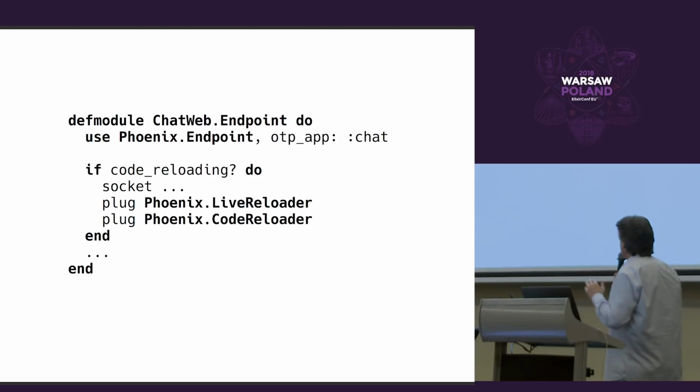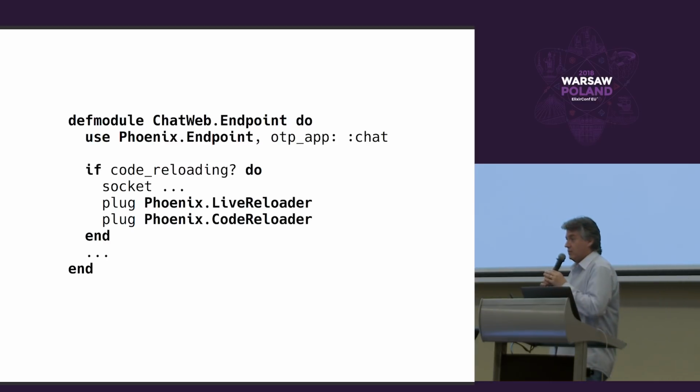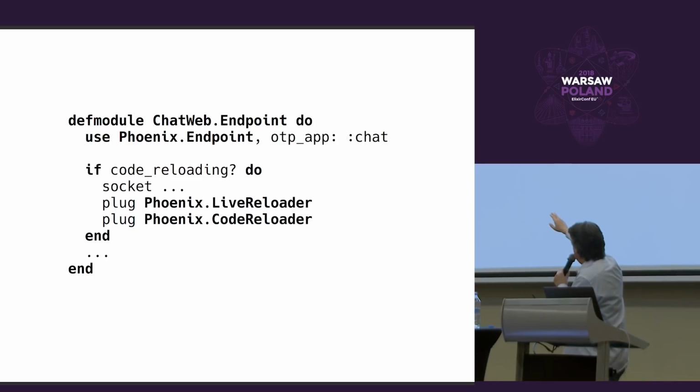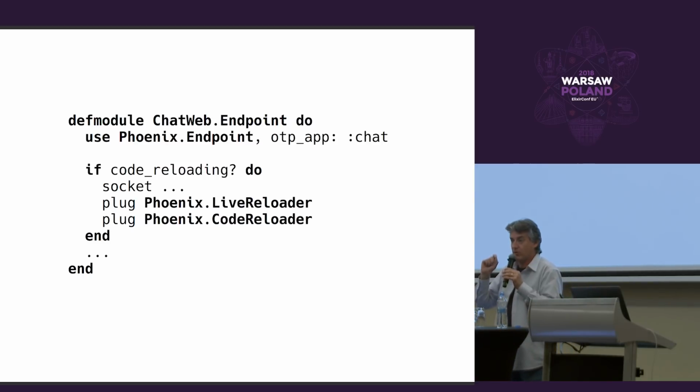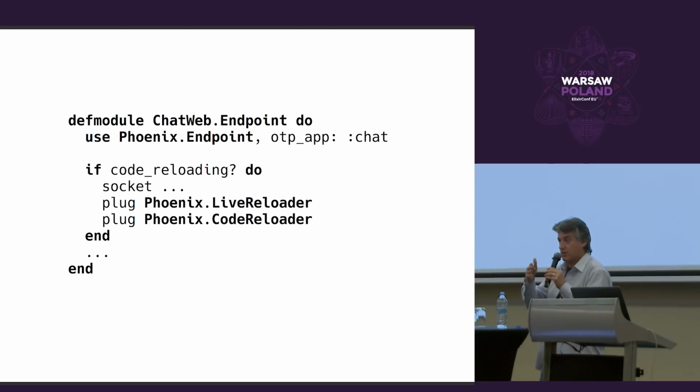So just to show here that you see if code reloading declares some flags. This is at the module level, so this is happening at compile time. And this is where having the configuration loaded before we compile plays a role, because the compiler, remember, executes. All right? So the compiler is doing the same thing as the Elixir command does. The difference is that one emits beam files and the other one doesn't.